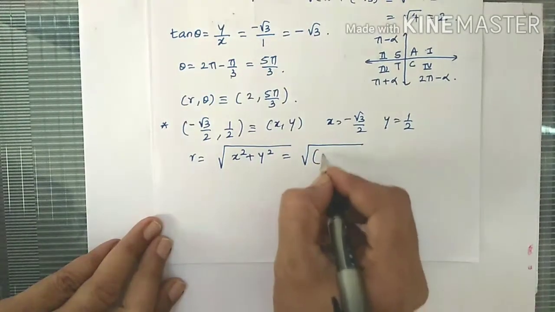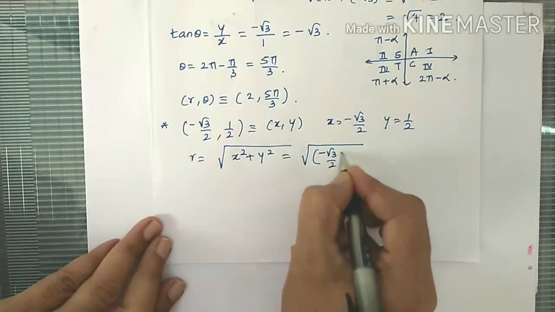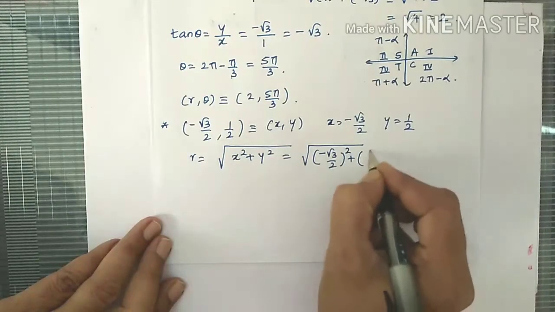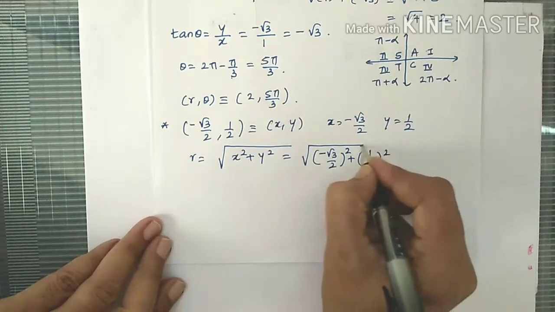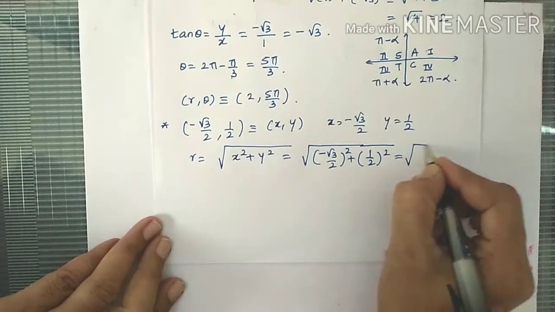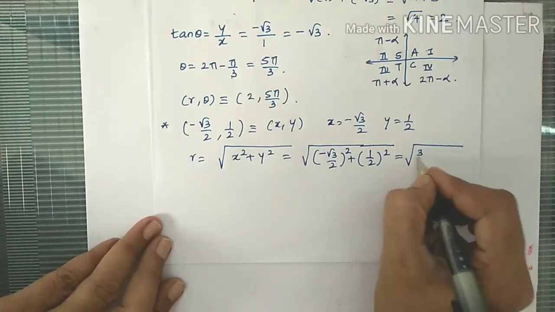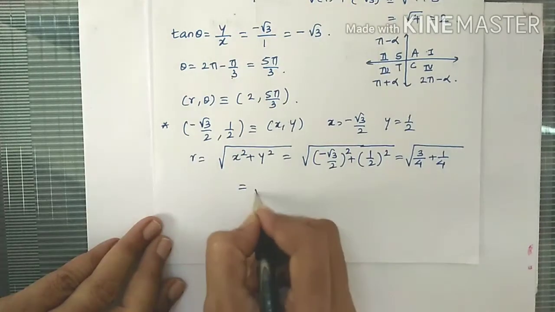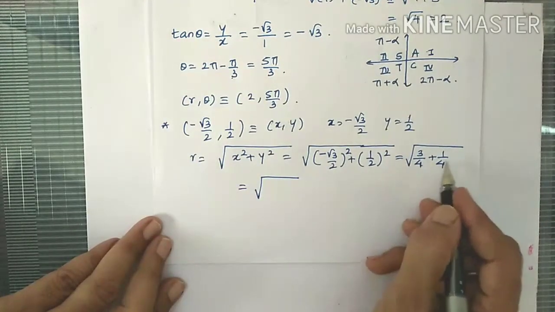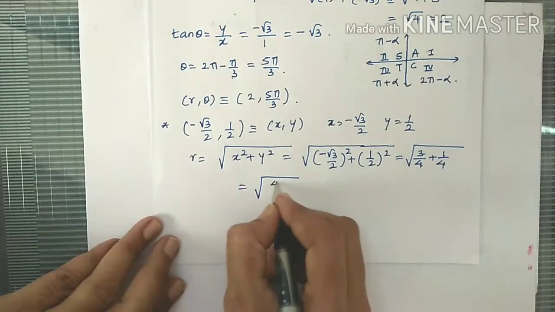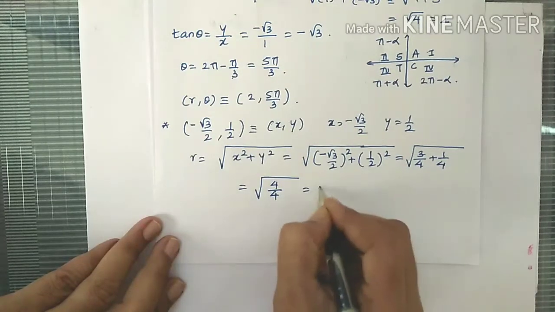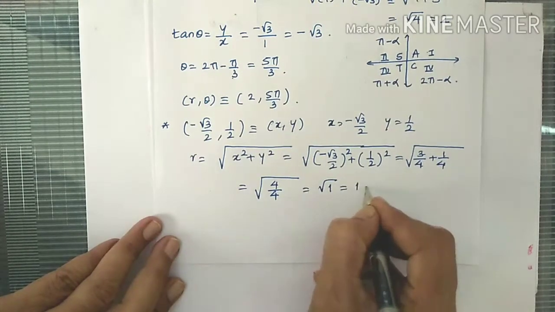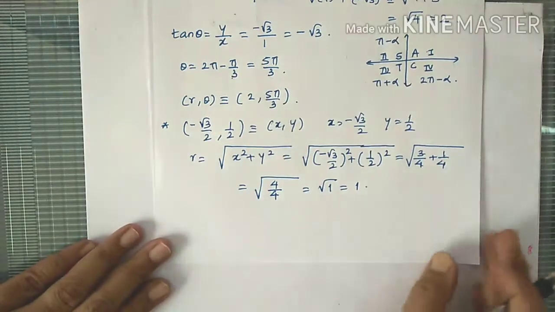So root of minus root 3 by 2 square plus half square. So that is root of 3 by 4 plus 1 by 4. That is, denominator is same. So adding the numerators 3 plus 1, 4 by 4. Square root of 1 is 1. So value of r is 1.